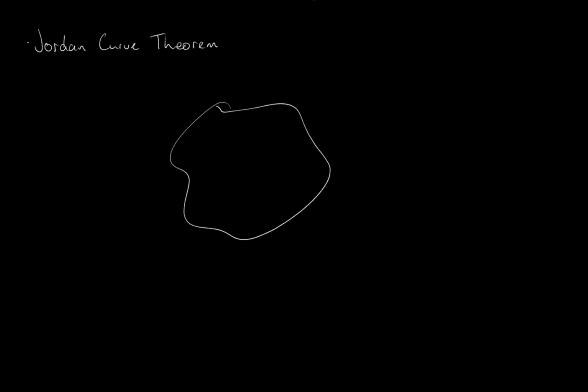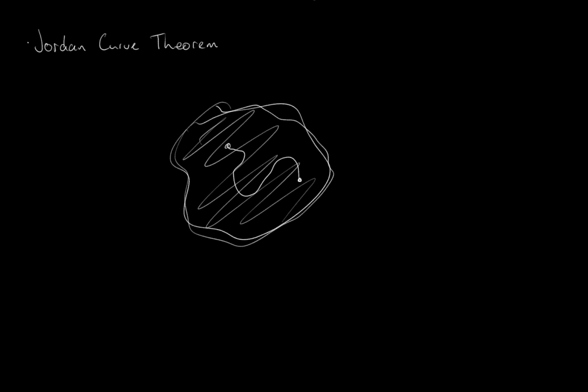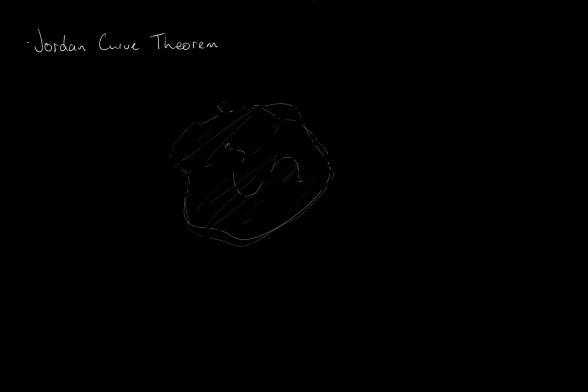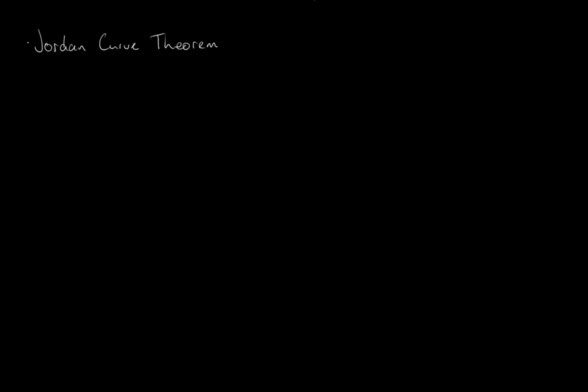We call this subset arcwise connected if you have any 2 points and you could connect them with some curve that lies entirely within this subset here. And clearly this region that I've drawn is arcwise connected. It's not so clear on the boundary there, it might be a bit interesting, but that's the main point.